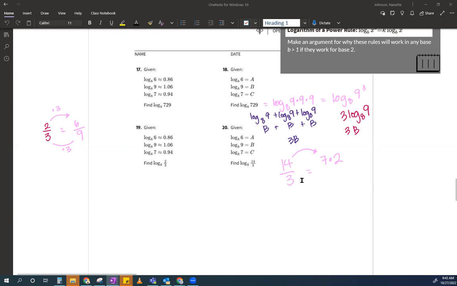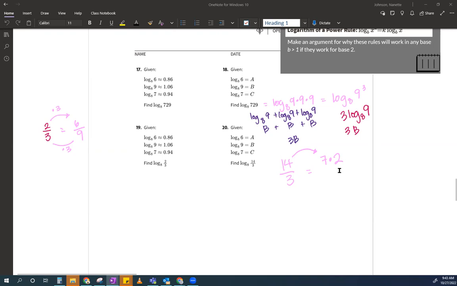So 14 thirds, let's do this. I already know that this is 7 times 2, and now I need to think, how can I get this 3 on the bottom? My 3 can be coming from my 6, or it can be coming from my 9. So I'm going to play around.